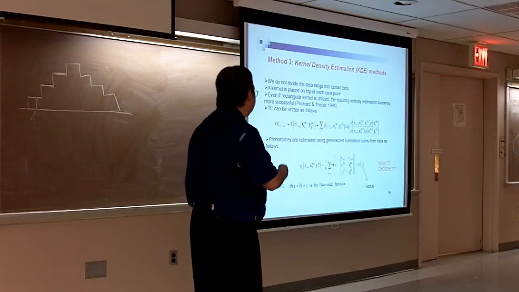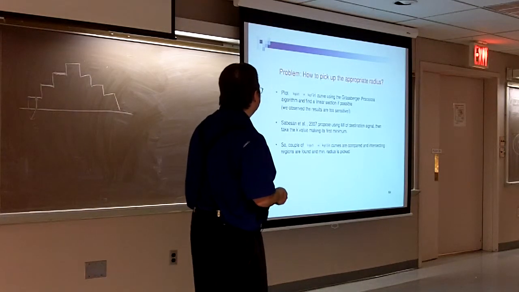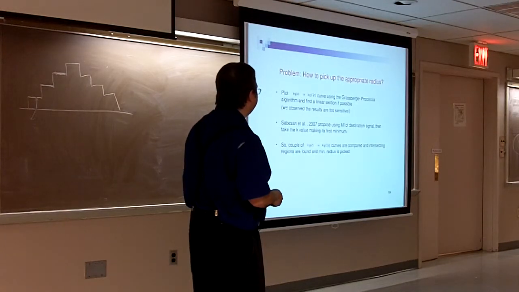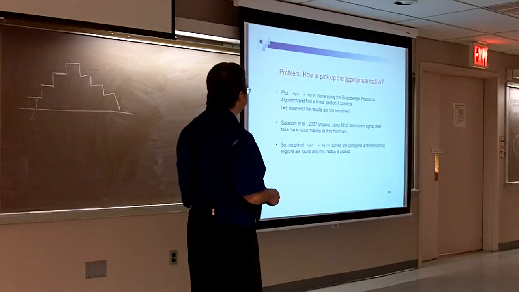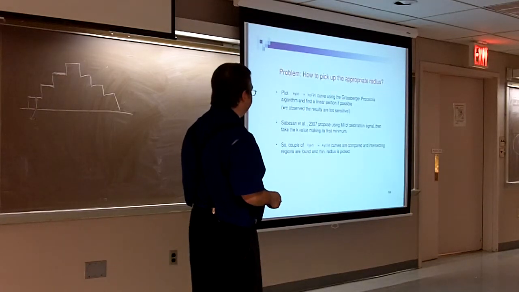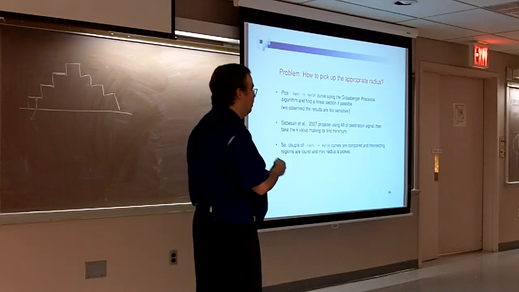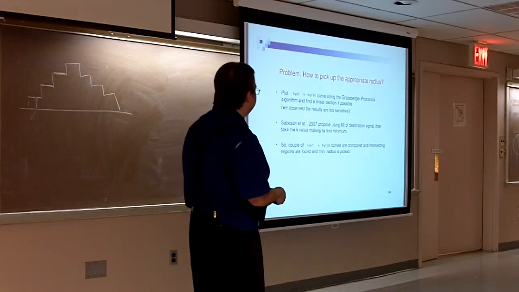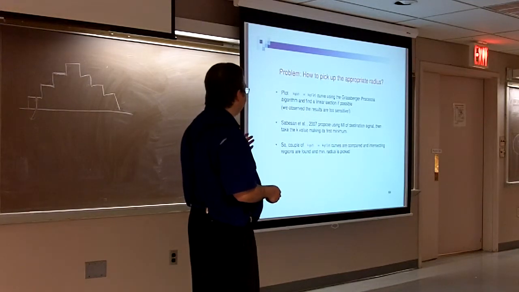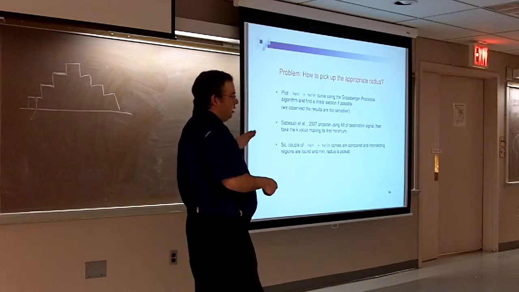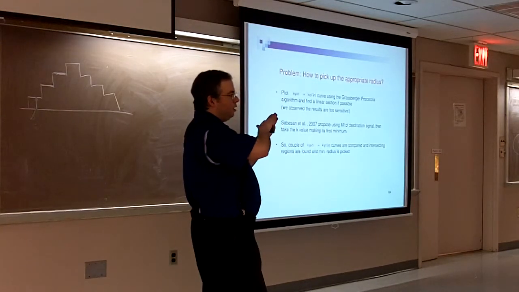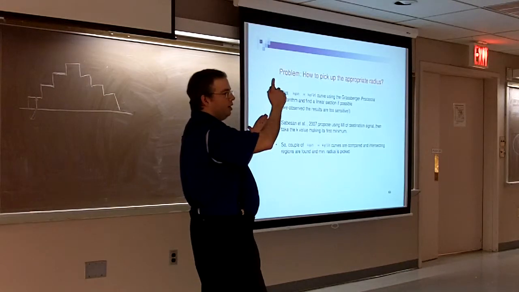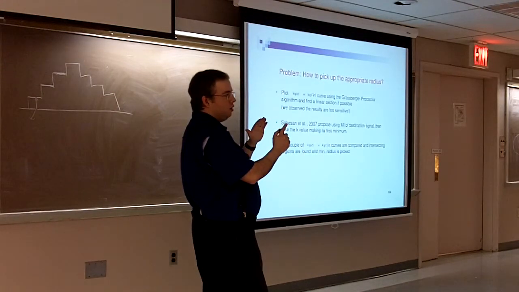Now let's go into this problem. First, you form a curve using the Grassberger and Procaccia algorithm. It is called this way because they invented it. We observed that the results are too sensitive because you need to find a linear section, and in that linear section you have to pick a value to be your radius.